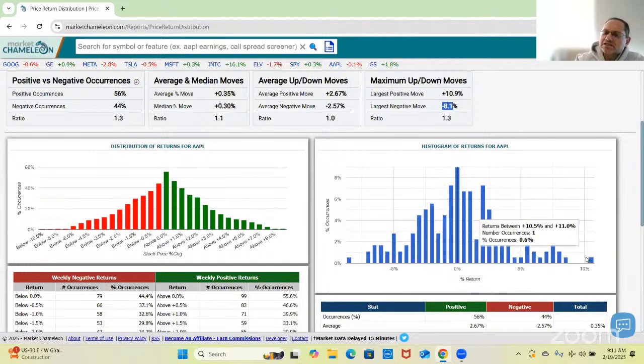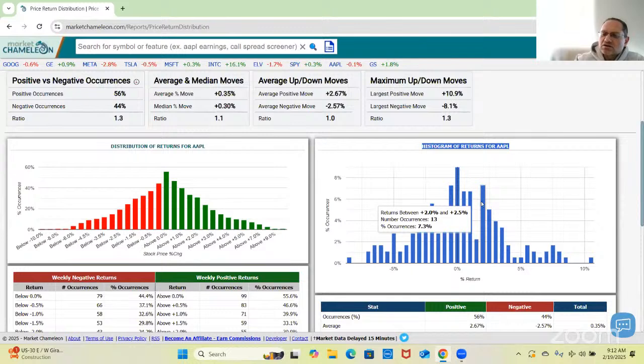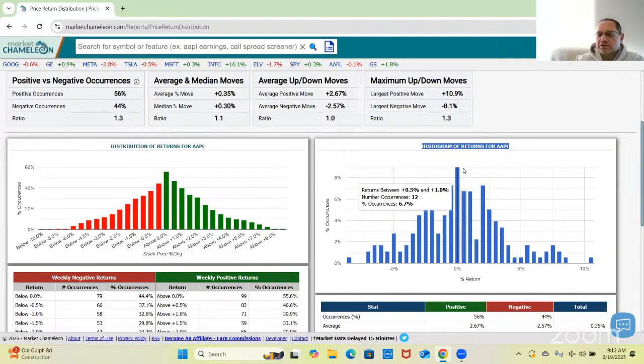And these are buckets. Here, this is a histogram. So it shows us whether the moves clustered around somewhere. So you could see in the weekly data that between 0 and 0.5%, that was 9% of the moves. So that's the biggest bucket, but it's only 9%.